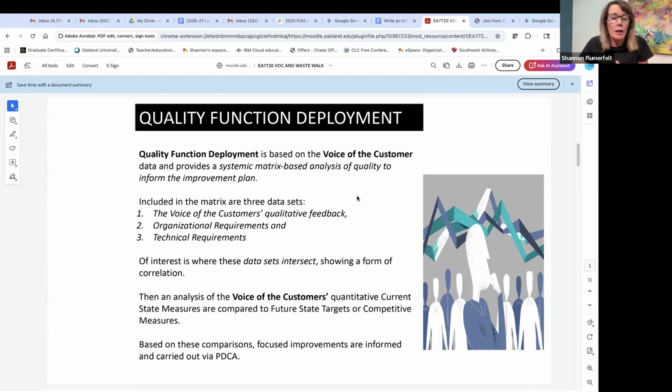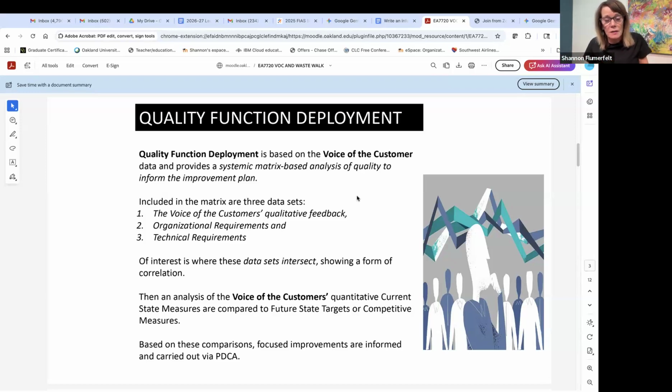So let's say your school has a mission, vision, values, and goals. And then let's say the State Department of Education, or maybe there's some other kind of larger framework, such as for special ed or MTSS or whatever. So those technical requirements you also have to be aware of. And so you want to see where all that intersects. And then that will help you to see where you should be focusing this project.